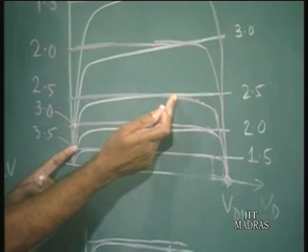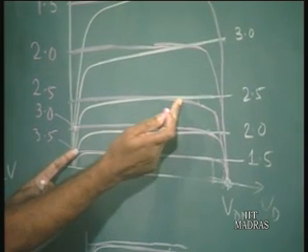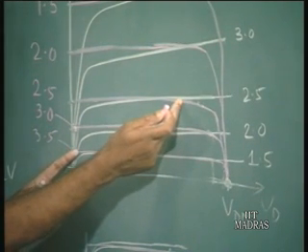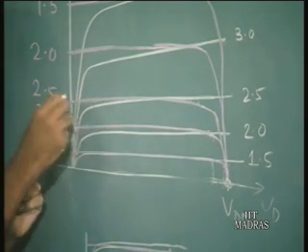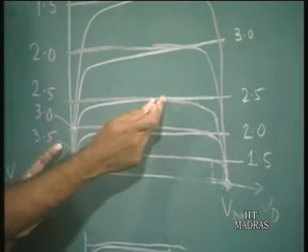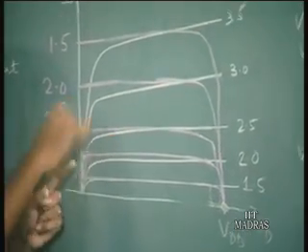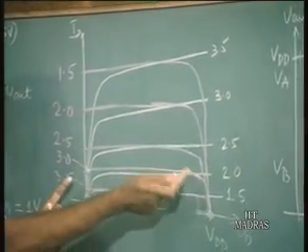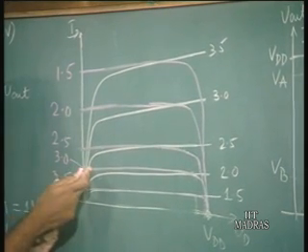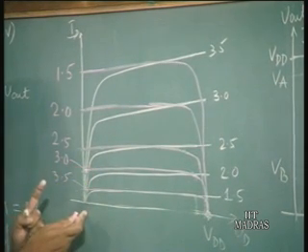At 2.5 volts, the point of intersection is here. So, the current has again increased. But when you go to 3 volts, the point of intersection comes here, so the current, which is the y axis, has reduced. So, it goes up from 1.5 to 2 to 2.5, and then goes down at 3, 3.5, and again goes to 0.